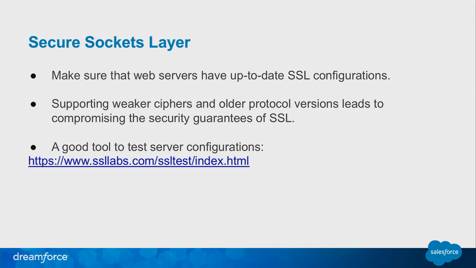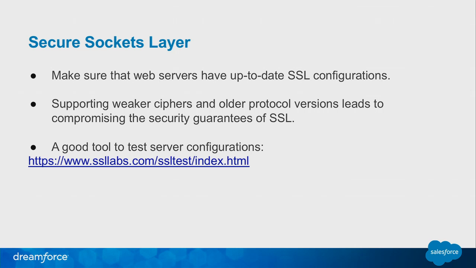So the important thing to understand there is if you're going to support weaker ciphers and you're going to support older protocol versions, it's basically like not having that security at all, right? Because you're compromising the security guarantees of SSL. What that means is if you're supporting SSL version 2 and there's already a known exploit for version 2, then your attacker is going to be like, all right, they're using version 2.